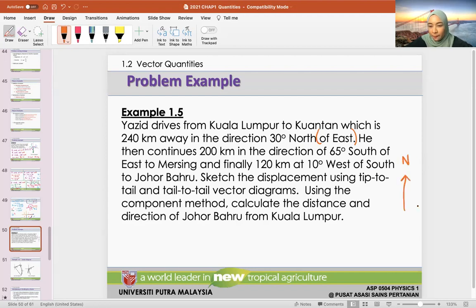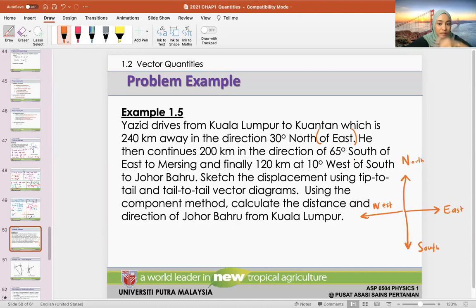East is over here. West is this way. And this is south. East, west, and this is north.